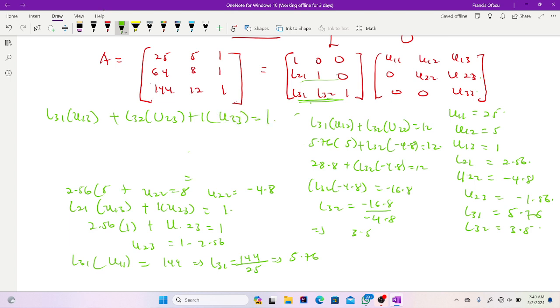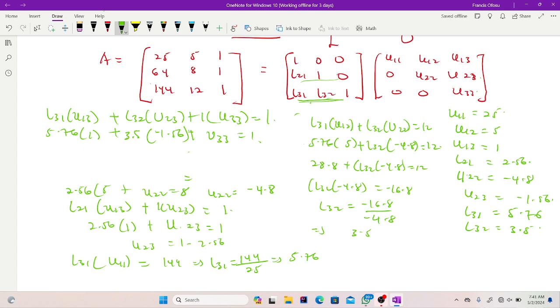So L31 is giving us 5.76, U13 is giving us 1, plus L32 is giving us 3.5 multiplying U23, which is negative 1.56. Then finally plus U33 is equal to 1. So here is 5.76 plus 3.5 multiplying negative 1.56.